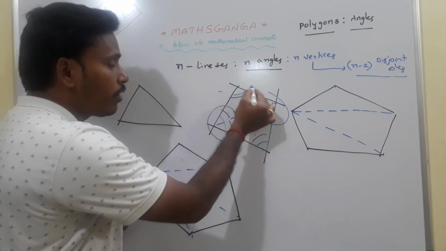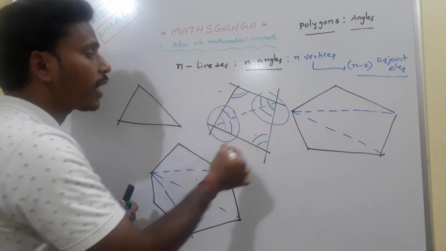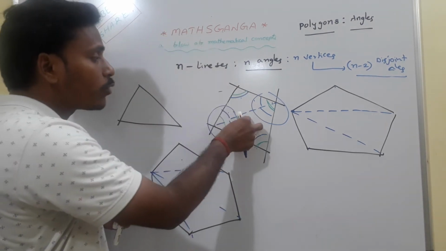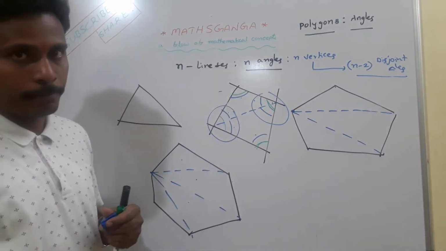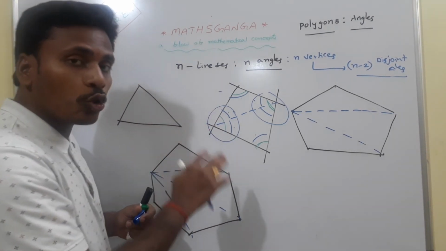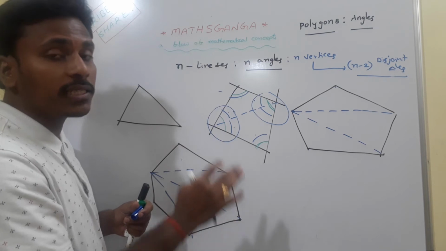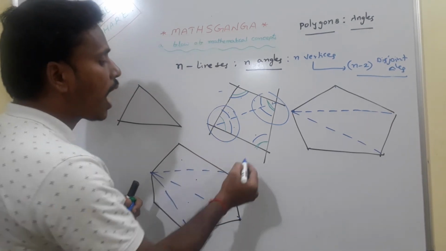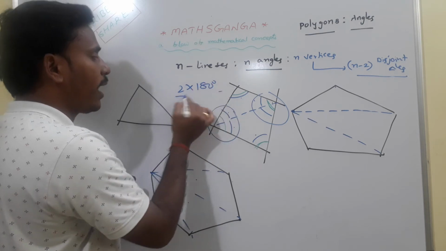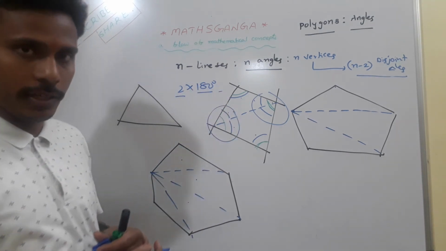So the sum of the four angles of this quadrilateral is the sum of the angles in the upper triangle plus the sum of the angles in the lower triangle. Since it has two disjoint triangles, the sum of the angles of the quadrilateral is 2 times 180 degrees. Two triangles and in each triangle 180 degrees.